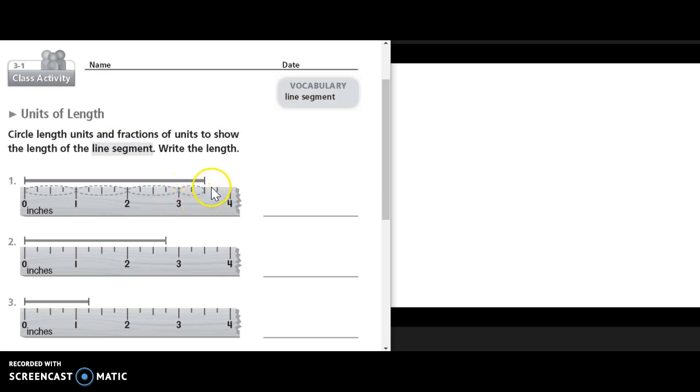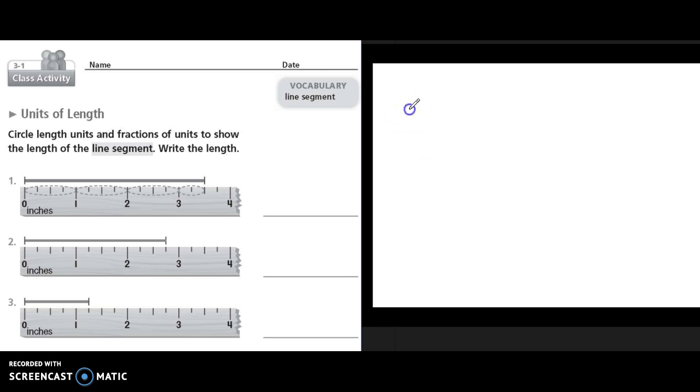Now if I count how many little sections I have from the 3 to the 4, in each inch I have 1, 2, 3, and 4. So there are 4 parts in each inch. This first line is called 1/4, and that's written like this, 1/4.